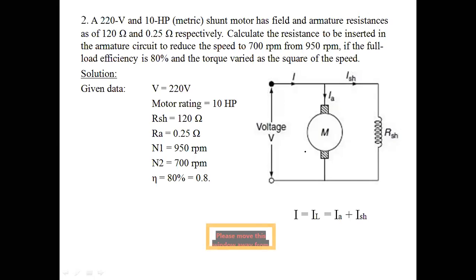The field resistance, Rsh, is 120 ohms, and the armature resistance is 0.25 ohms. Calculate the resistance to be inserted in the armature circuit to reduce the speed to 700 rpm from 950 rpm, with the full load efficiency 80% and the torque varying as the square of the speed.